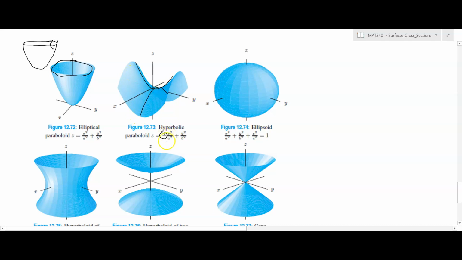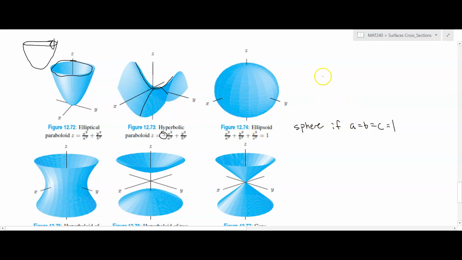Because of that minus, in one direction we have a parabola that opens down, in the other direction a parabola that opens up. One of my favorites is the ellipsoid. If A, B, and C are all 1, then you get what's called a sphere.